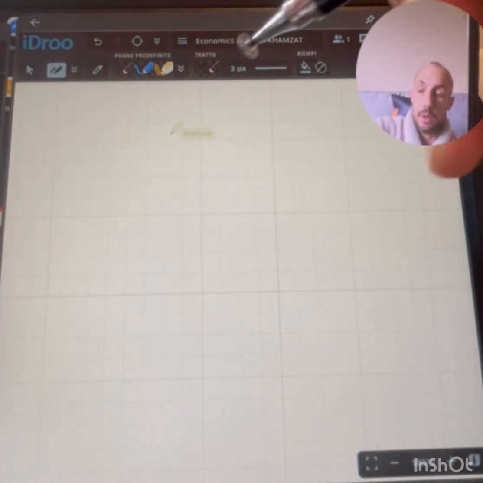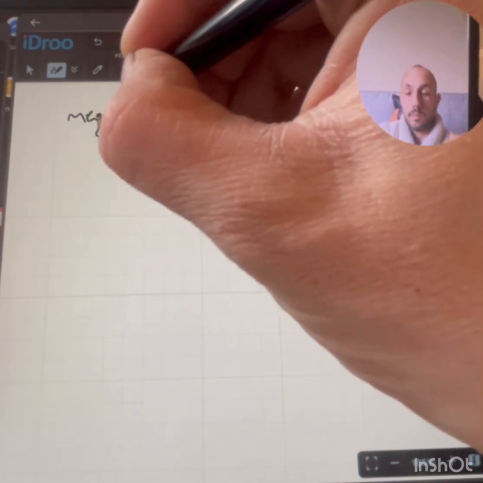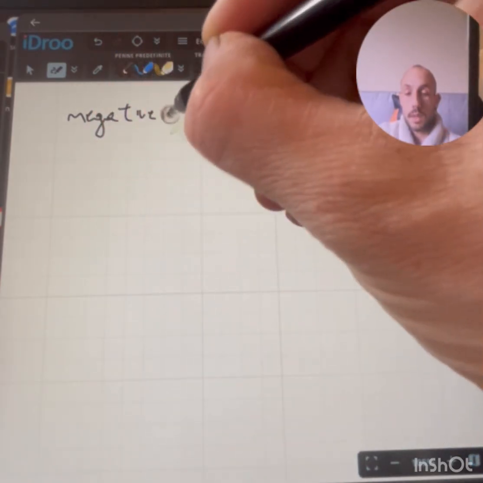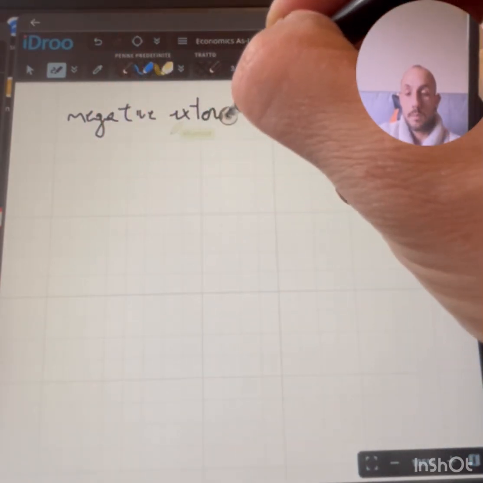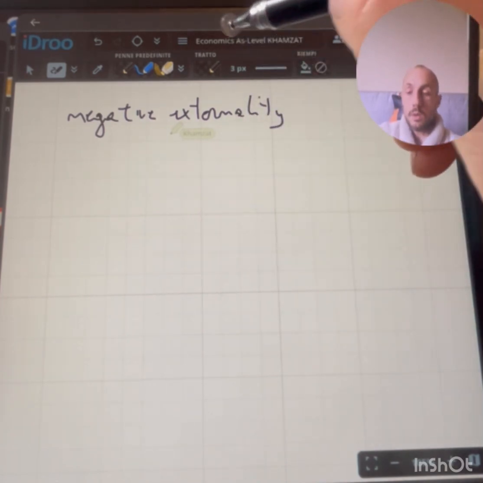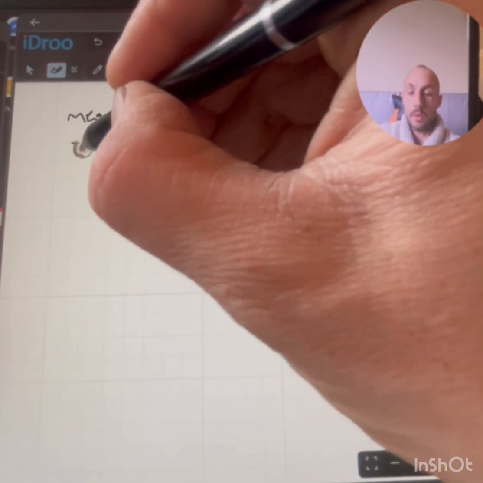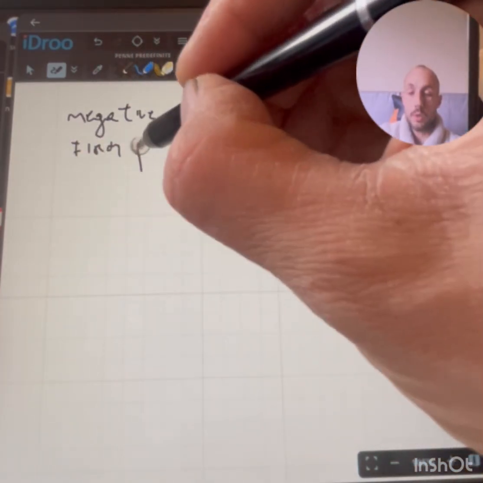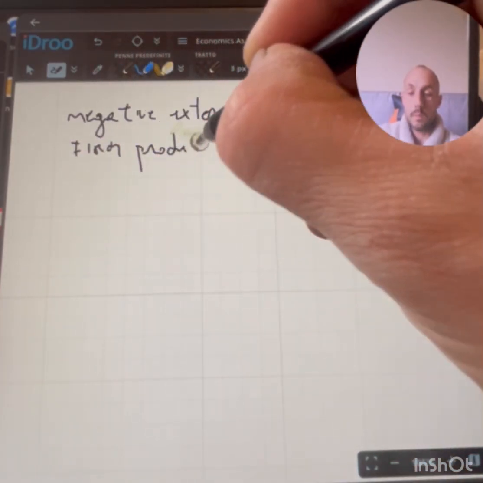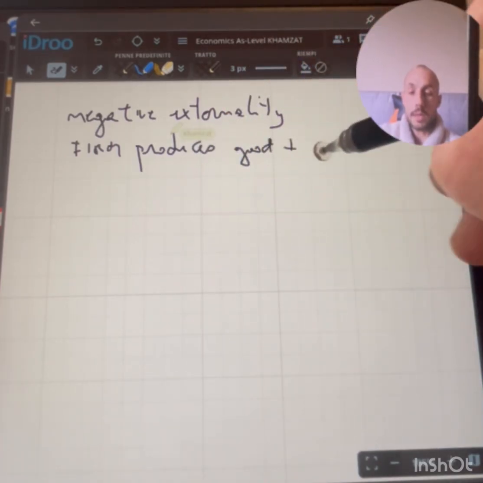Let's take an example of negative externalities. So there is pollution. A firm produces a good plus pollution.